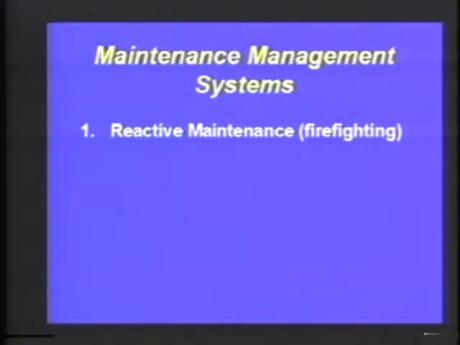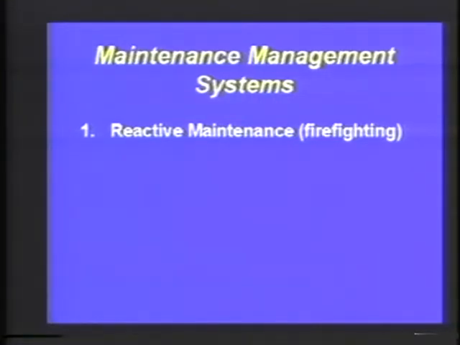Now, these particular programs are addressed on page 2, and these 6 different types of maintenance management programs have been developed by myself based upon my years of working with companies like yourself. The first one is a reactive maintenance organization. In other words, firefighting.